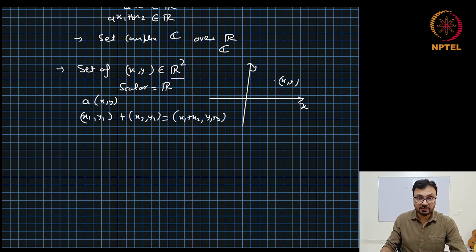So that would amount to having one vector, a second vector, and the sum will be given by this vector. So that is the vector addition we have defined in R2.